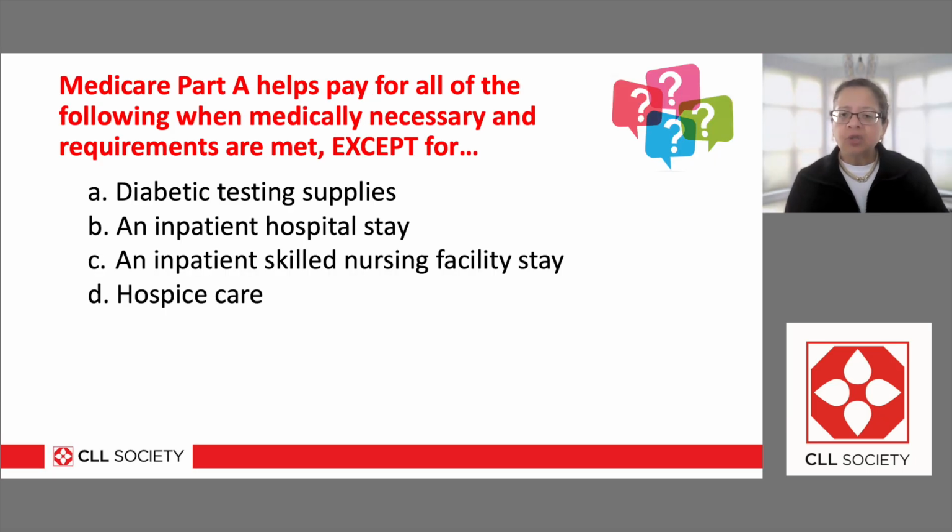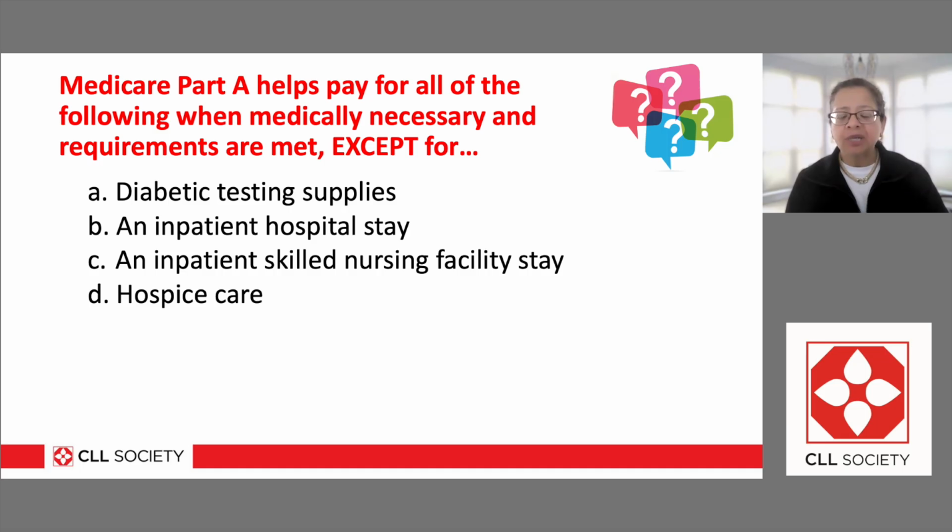Okay, another poll question, and I think we've got a couple here. The first one relates to Medicare Part A. Medicare Part A helps pay for all of the following when medically necessary and requirements are met, except diabetic testing and testing supplies, except an inpatient hospital stay, except an inpatient skilled nursing facility stay, except hospice care.